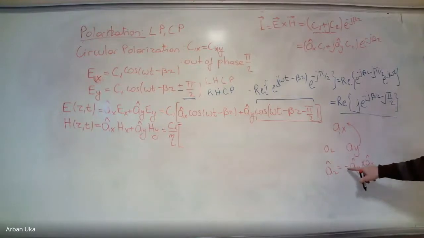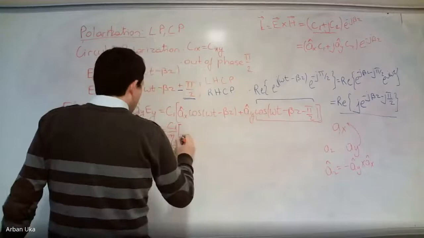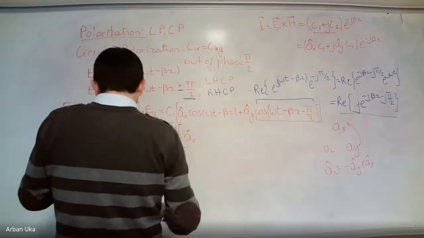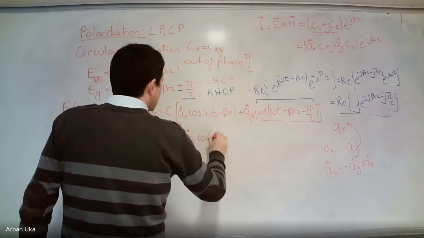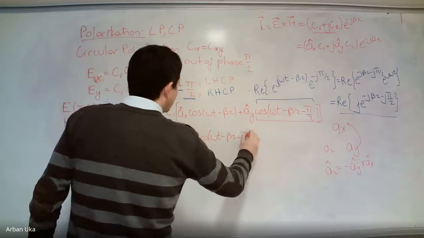In order to do that, we put a minus sign. So we may expect minus a_x times cosine omega t minus beta z minus pi over 2.